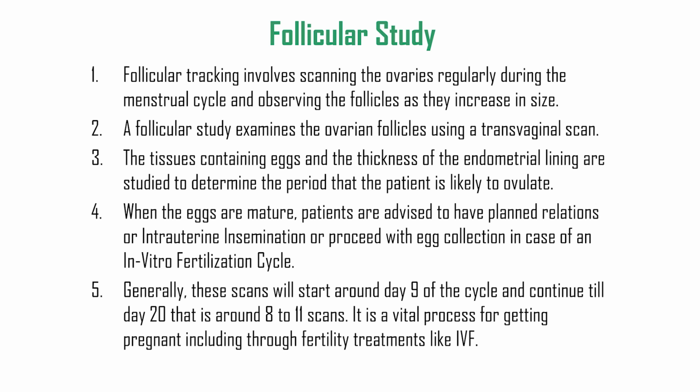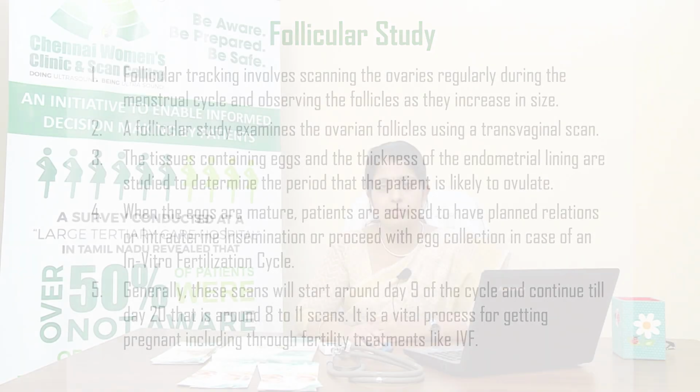When the eggs are mature, patients are advised to have planned relation or intrauterine insemination or proceed with egg collection in case of an in vitro fertilization cycle. Generally, these scans will start around day 9 of the cycle and continue till day 20, that is around 8 to 11 scans. It is a vital process for getting pregnant, including through fertility treatments like IVF.